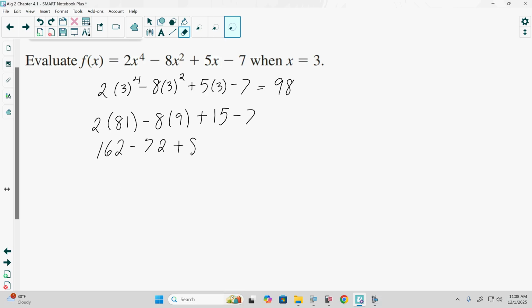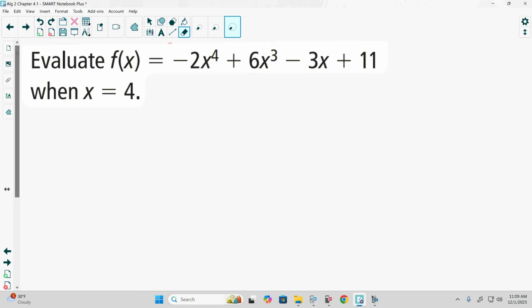And 15 minus 7 is going to be 8. 162 minus 72 is going to be 90, and 90 plus 8 is 98, which we also got from the calculator. But most likely, if we did it piece by piece like I did just here by hand, you're going to type most of those pieces in the calculator as you do them. If you're typing each of the parts in, you might as well type the whole thing in all at once and let the calculator do it for us.